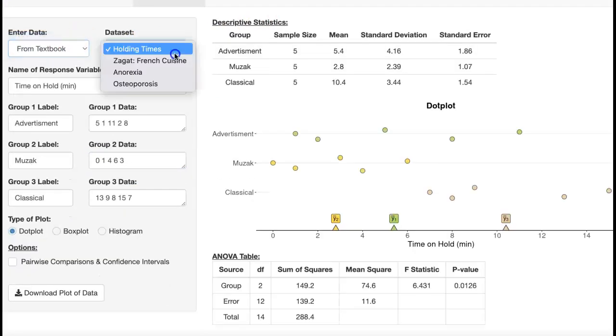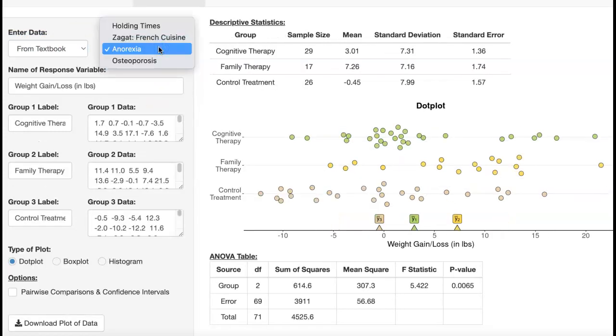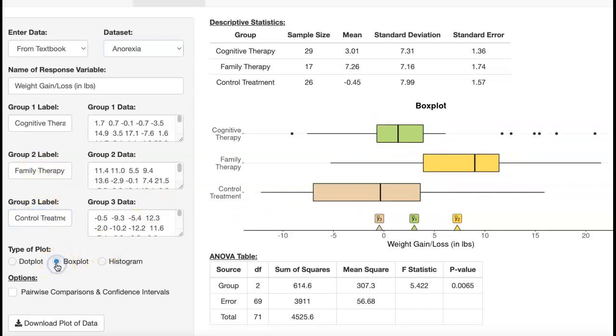Here's an example from the textbook, treating anorexia. You have three different treatments: cognitive treatment, family therapy, and control treatment. With box plots, you can see it looks like there could be a difference.